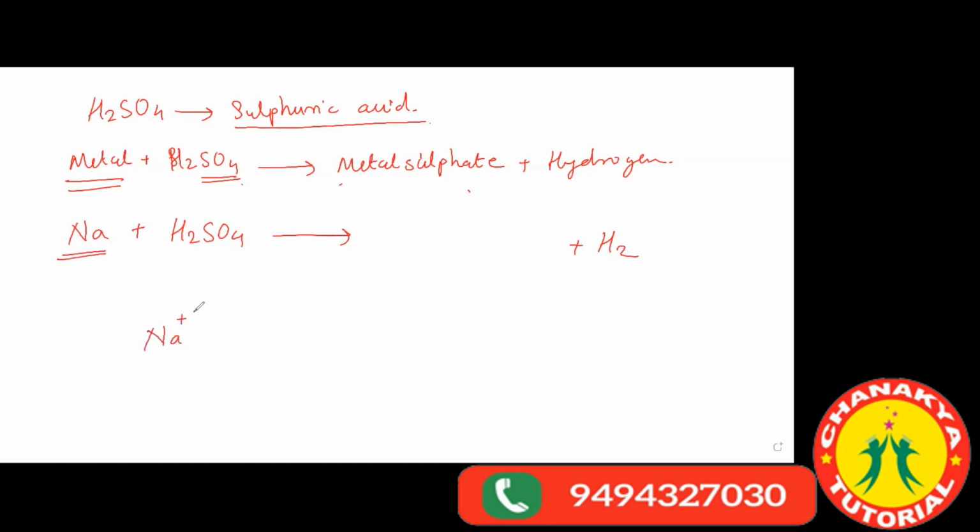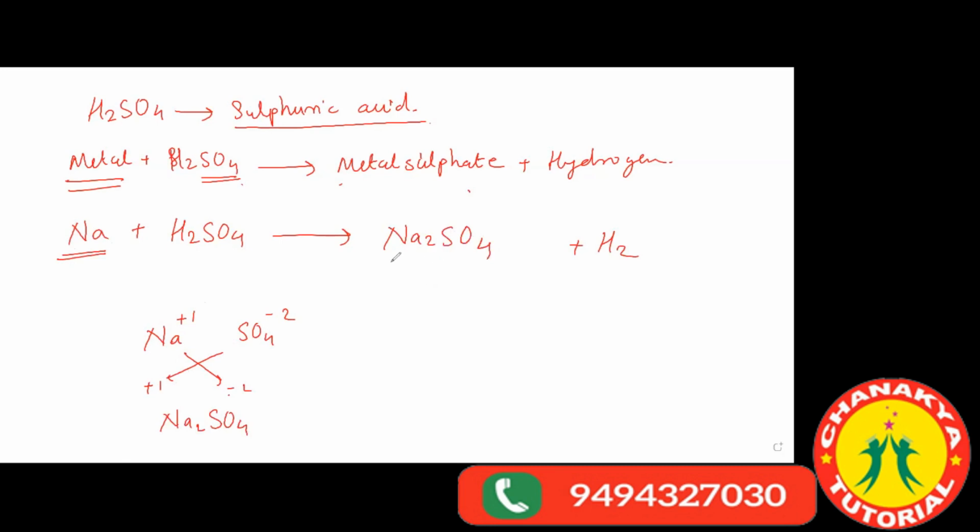Metal valency is what? Na. It has a valency of +1. Sulfate group, SO4 is -2. Plus 1, minus 2, go for the cross multiplication, Na multiply by 2, you will get Na2, SO4, 1 SO4. So your metal sulfate would be Na2SO4. Clear?